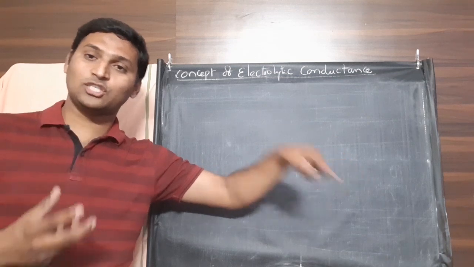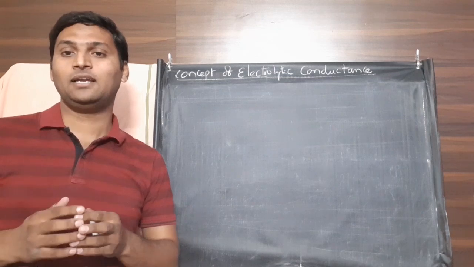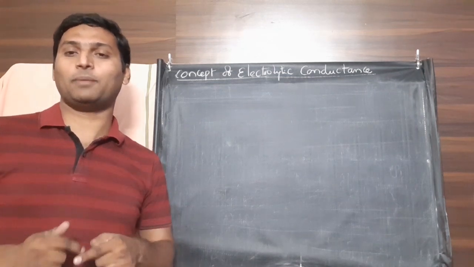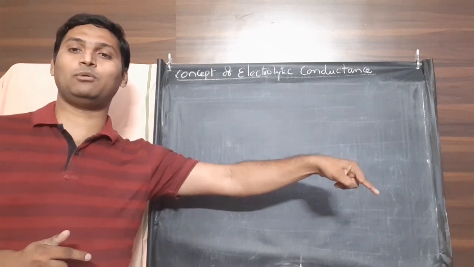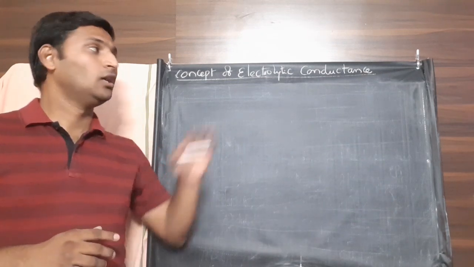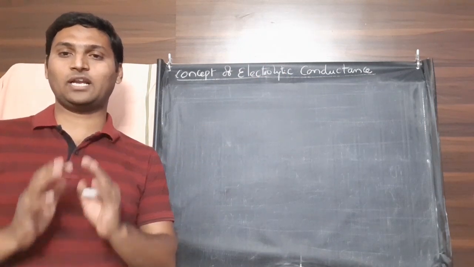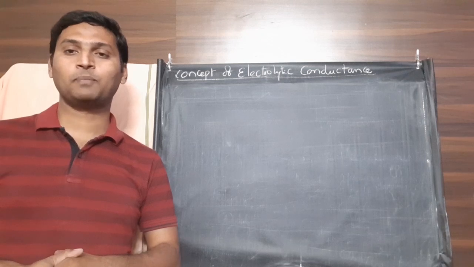What is the substance used in an electrolytic cell? Nothing but an electrolyte. So unless we clearly understand the properties of electrolytes, we will not be able to understand electrolytic cells properly. That is why in the middle we have the concept of electrolytic conductance. Let us quickly go through the theoretical aspects of it.